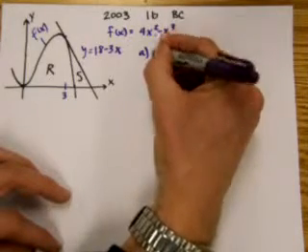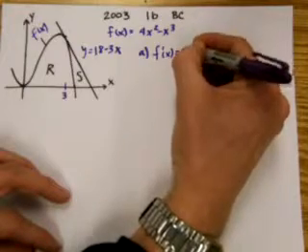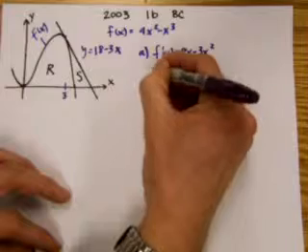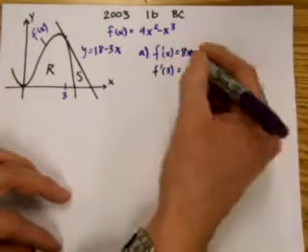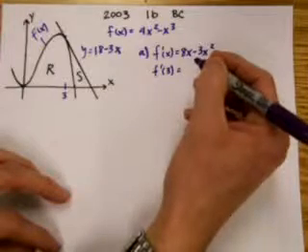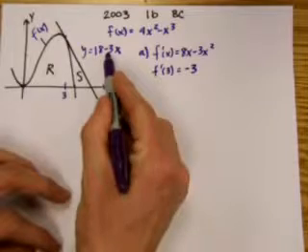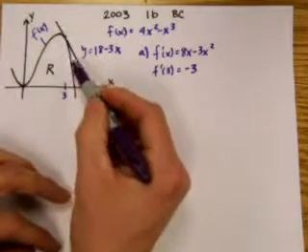So let's try that. F prime of x is equal to 8x minus 3x squared. And so I'll do f prime of 3 and plug that in, and I'll find out that f prime of 3 is in fact -3, which is the slope here. So it does have the correct slope here at that point.